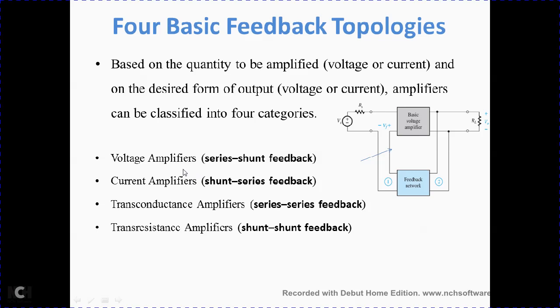In a current amplifier, the input and output are both currents. Likewise, we have the transconductance amplifier, where the input is a voltage and the output is a current, and the trans resistance amplifier, where the input is a current and the output is a voltage. So there are four topologies: voltage amplifier, current amplifier, transconductance amplifier, and trans resistance amplifier.